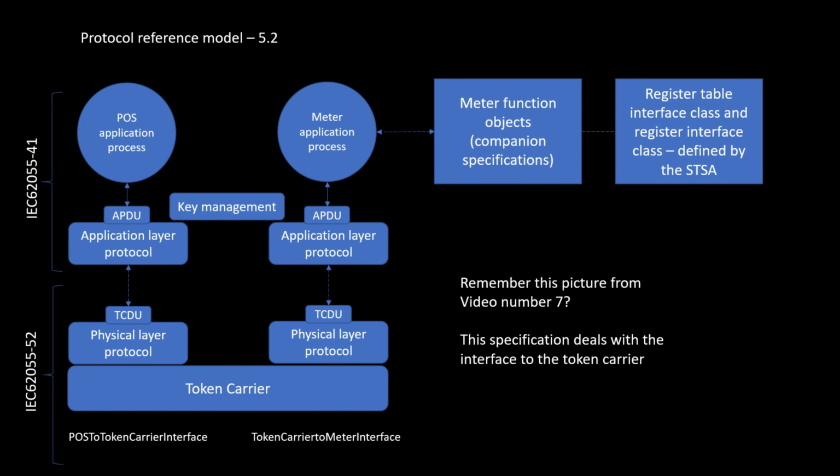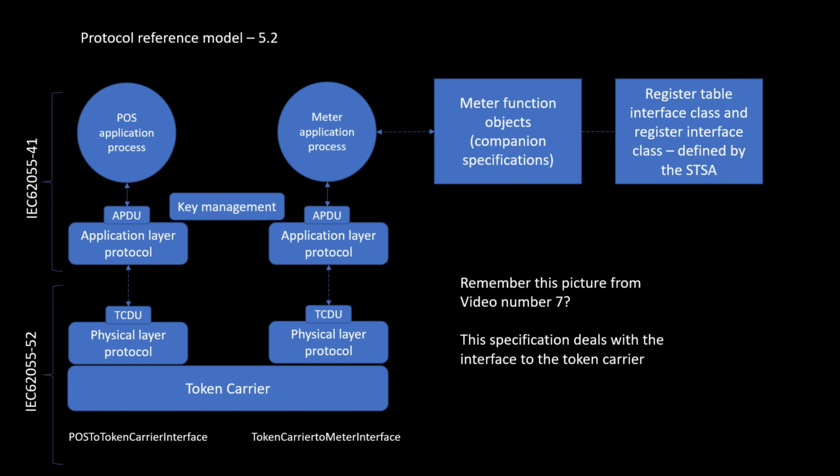If you remember this picture from video number 7, if you look on the left, the 62055-41 section is essentially the point of sale and the meter application process, key management and APDUs. And then at the bottom you have the 62055-52, which is what we're discussing today, and that's the token carrier data unit, the physical layer protocol and the token carrier itself.